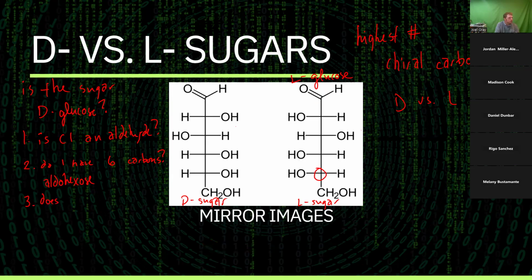Does C5, carbon number 5, have OH on right? The answer to that is yes. Now you have a D-aldohexose.